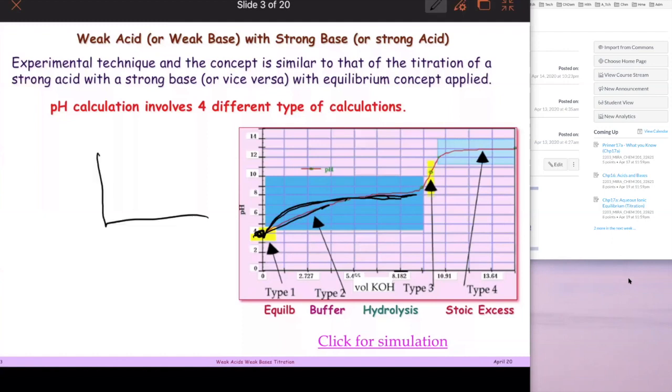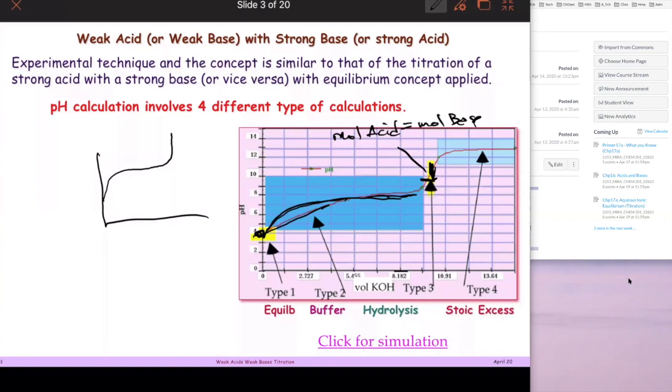It'll go up and then level off, and then you get to the equivalence point, where the moles of the acid are equal to the moles of the base. But notice this is not 7. The reason why is that the acid has been wiped out by the titrant.